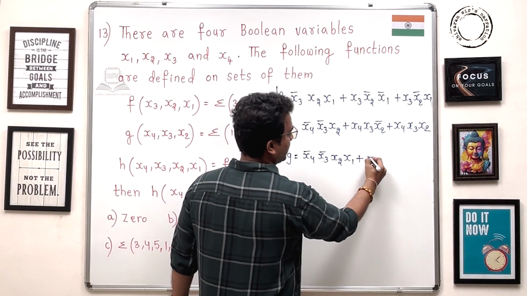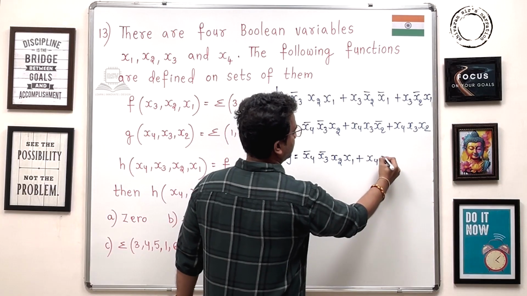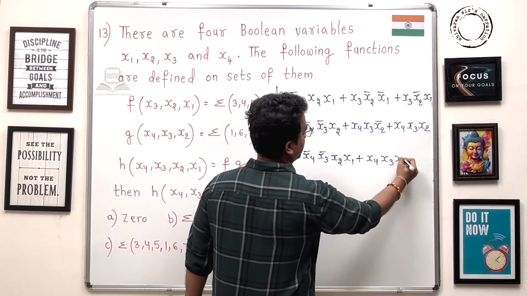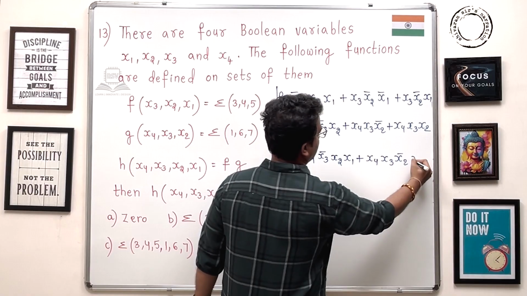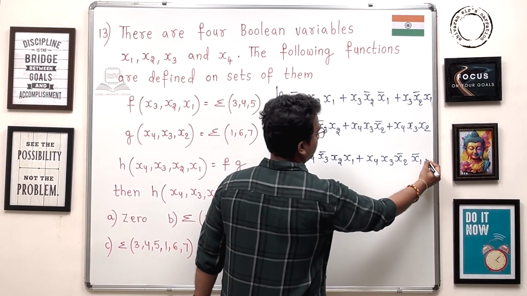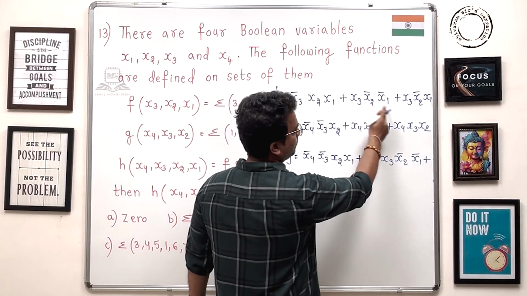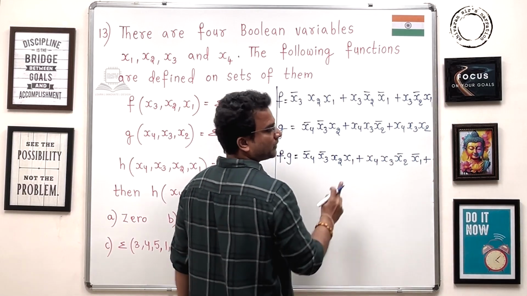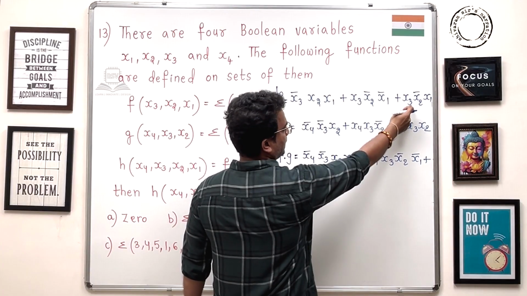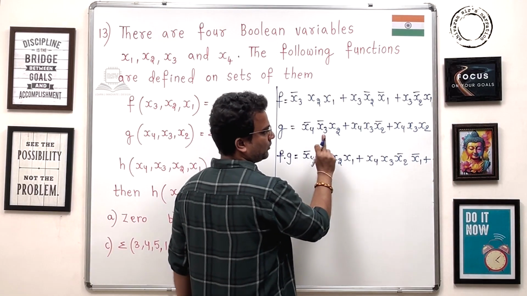So it will be x4, x3, x2 bar, x1 bar. Again, this with this one, x2 bar, x2, 0. Now the third one, here x3, x3 bar, 0.